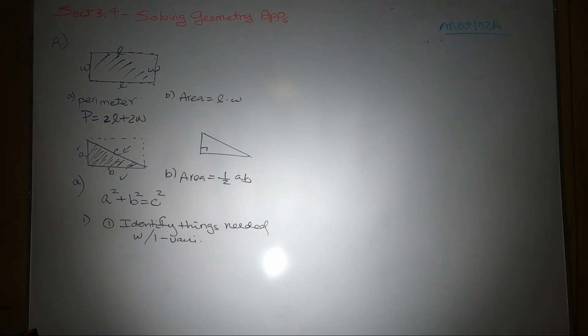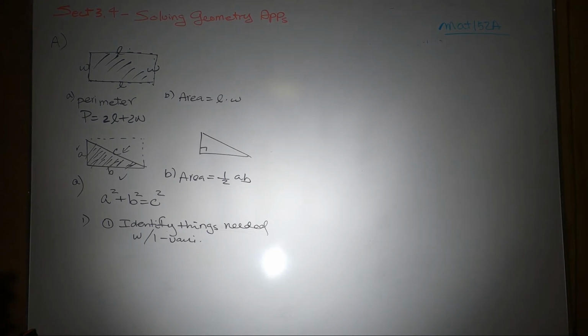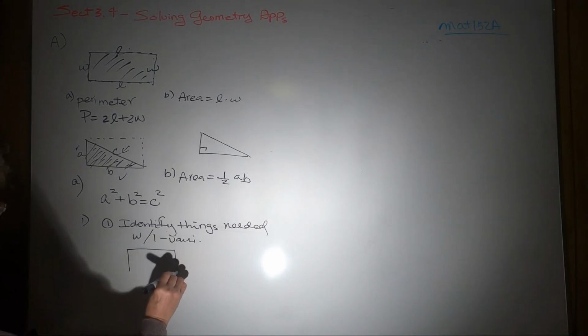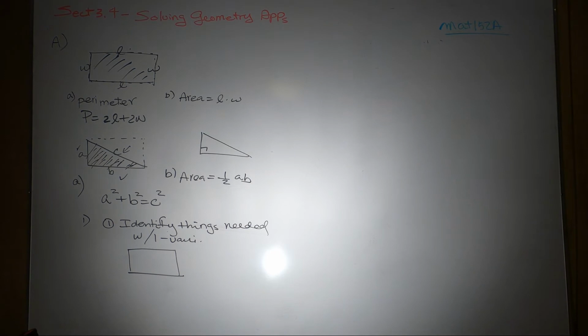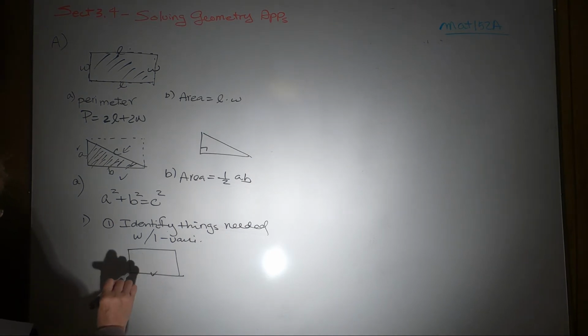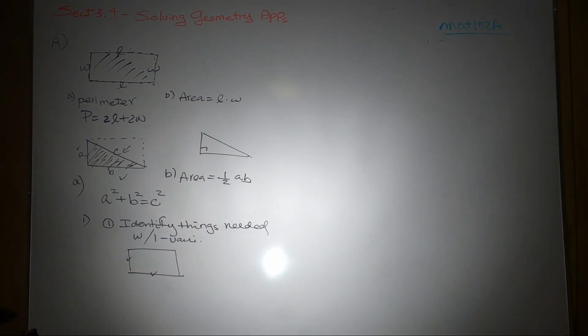So what was the question? Find the length and width. Sometimes we draw a picture to help us visualize. We want to find the length and width, but we can only use one variable.